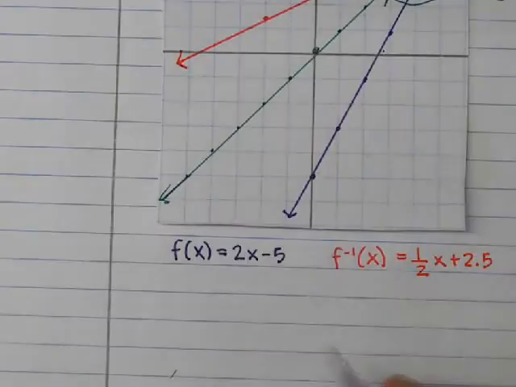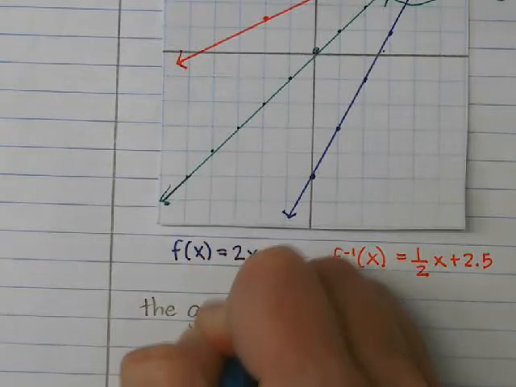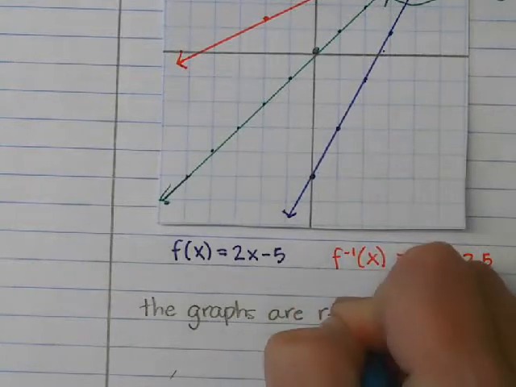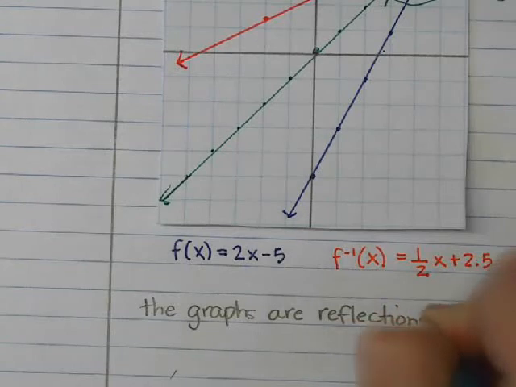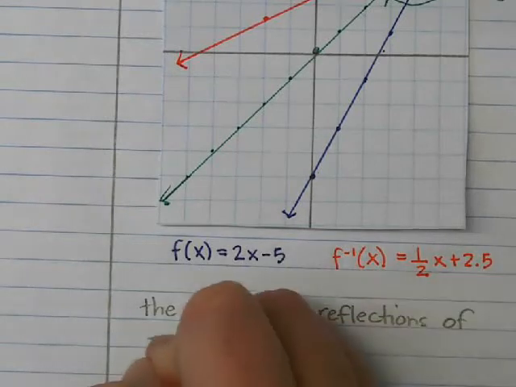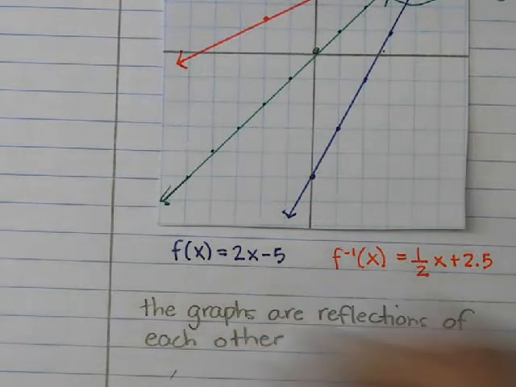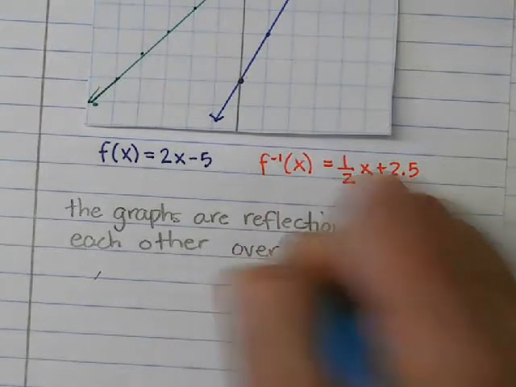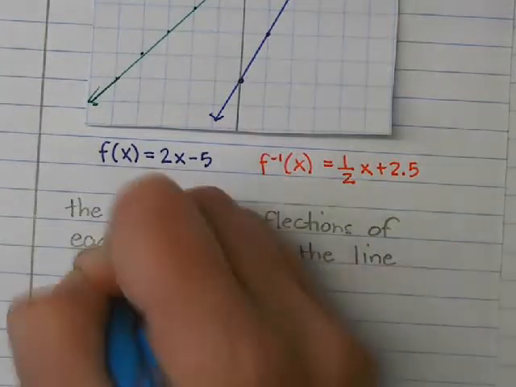And I'm going to put down here that the graphs are reflections of each other over the line y equals x.